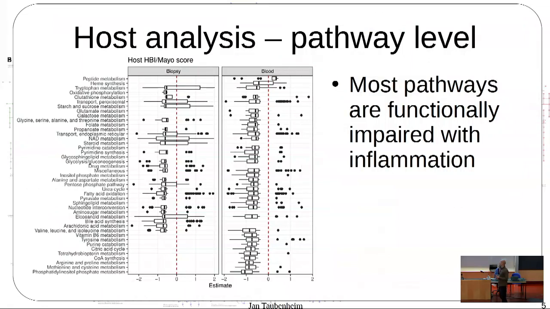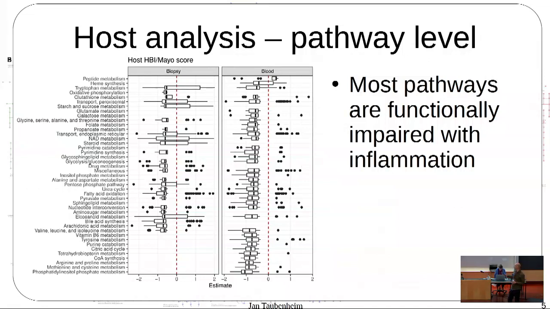If you do that, you end up with a whole bunch of different metabolic functions which are associated to inflammation. Just to give you an overview, I will show a lot of these plots. Each dot here is basically a reaction in a pathway in the metabolic network, and you see the estimate for a linear mixed model here.